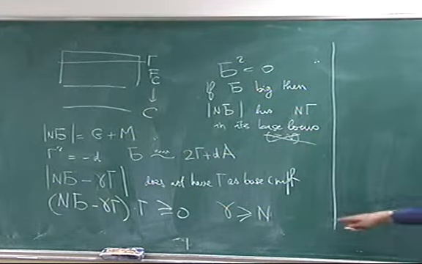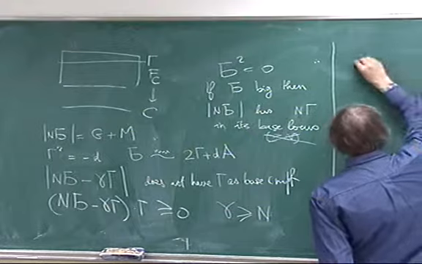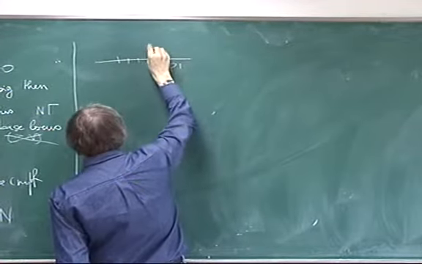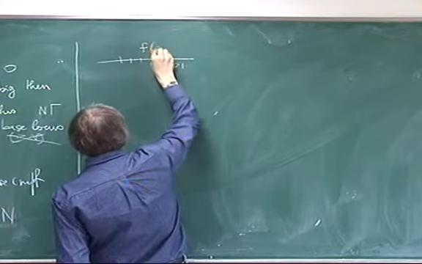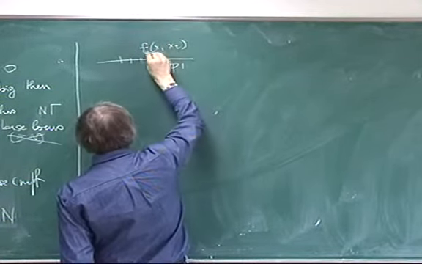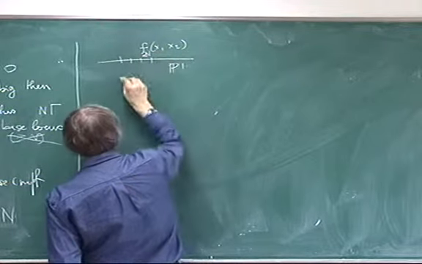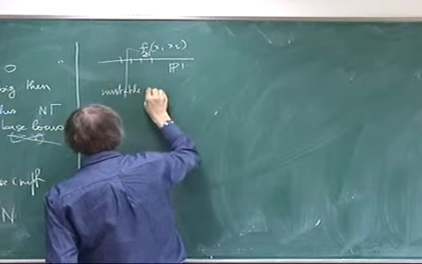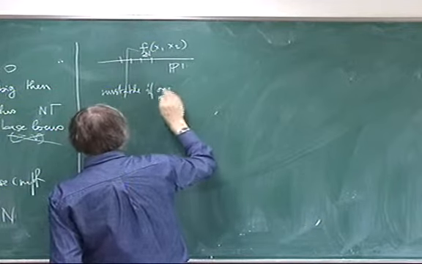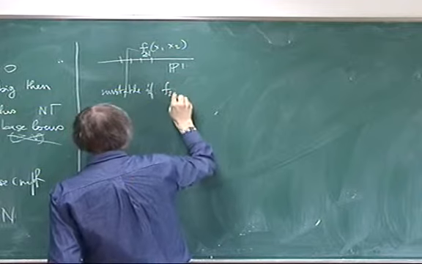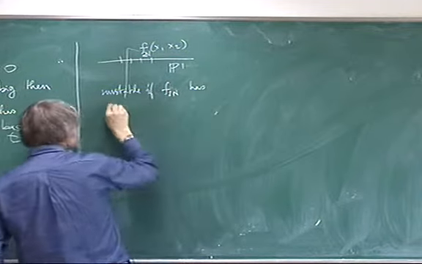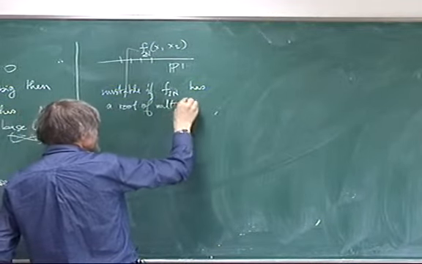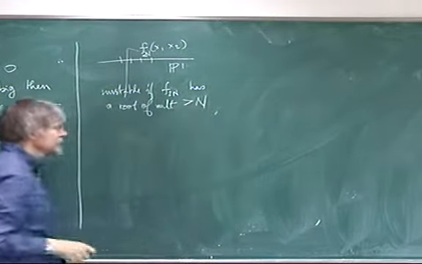So historically, if I've got P1 and I've got a polynomial f of x1, x2 of degree 2n, then we say it's unstable if f of degree 2n has a root of multiplicity greater than n.